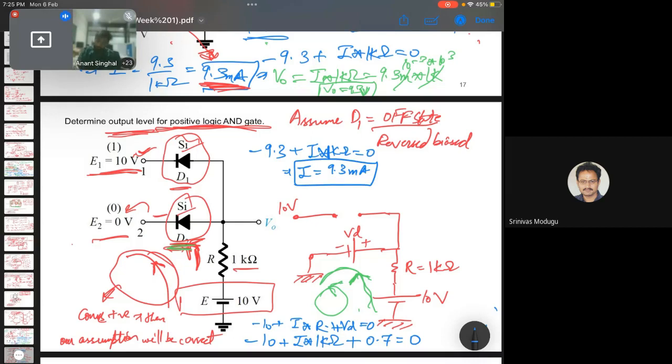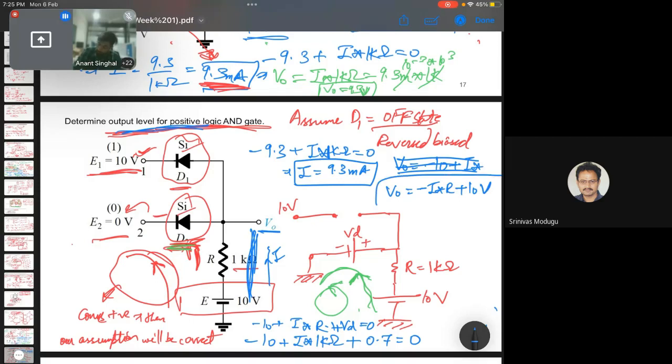Now what we need to do is get the voltage level V0, the output level, for the positive logic AND gate. V0 is the voltage here. Since the current is in this direction, it will be minus IR plus 10 volt.